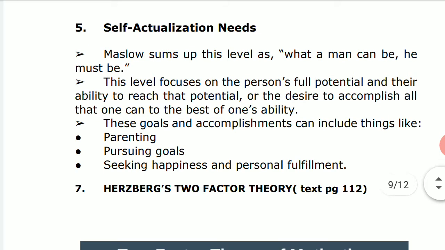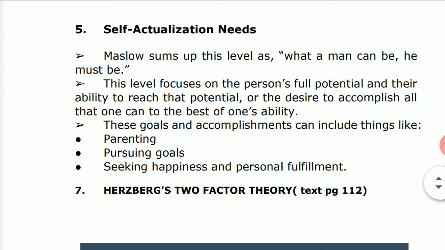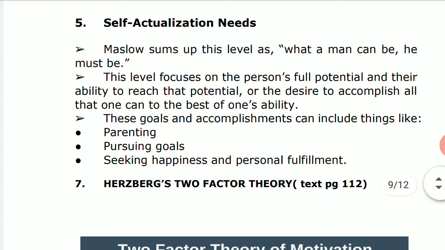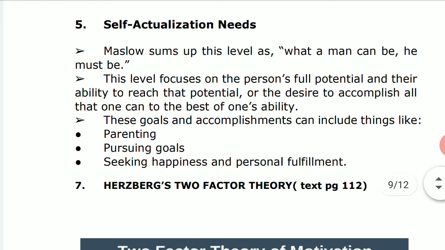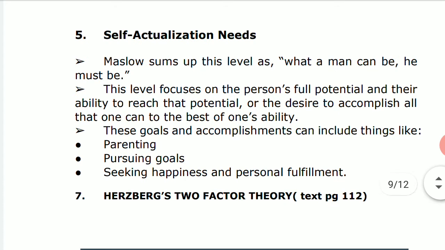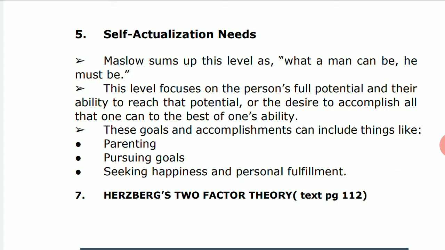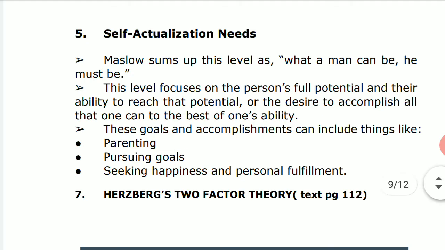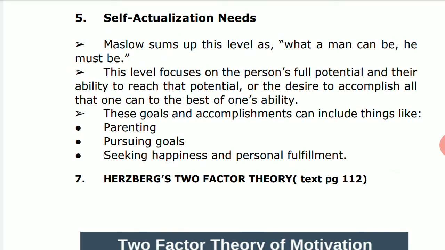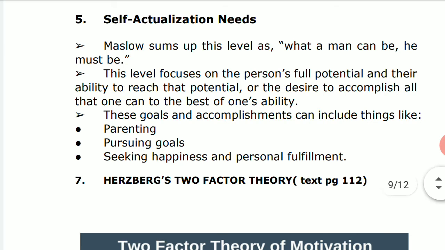Self-actualization need means this is the highest level of the need hierarchy or the pyramid given by Maslow, right, wherein he sums up that what a man can be, he must be. It is our last level. Once the person reaches this level, there are no more needs that can be a lucrative thing for him. After self-actualization, no further temptations can come or be offered. That person is self-motivated. If he wants to do it, only then will he do it; if it does not sit in his mind or he has no conviction for that thing, then he never does the work. So that comes up as the self-actualization need.